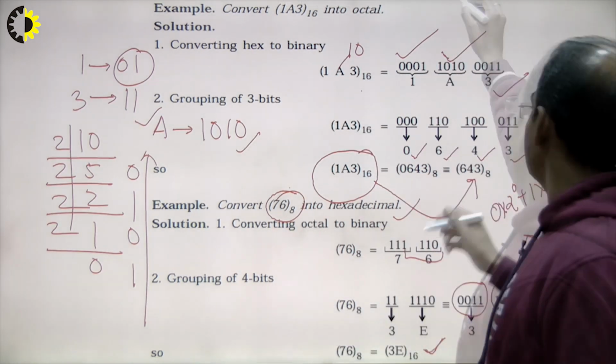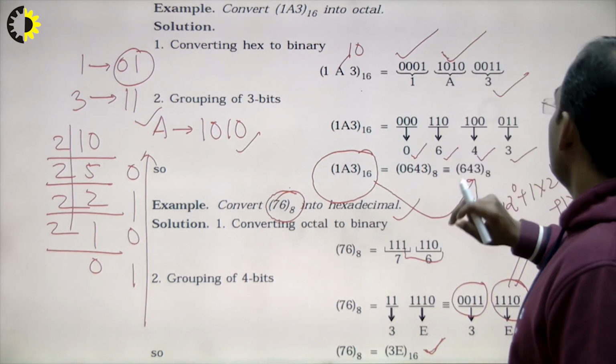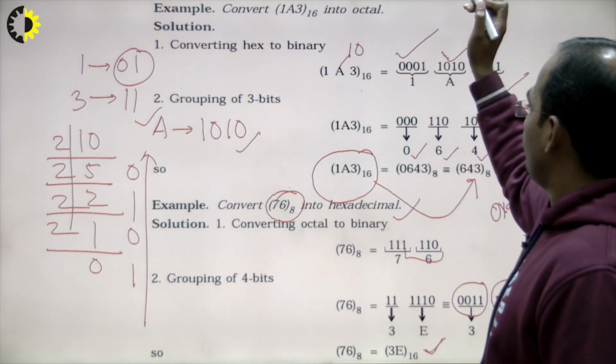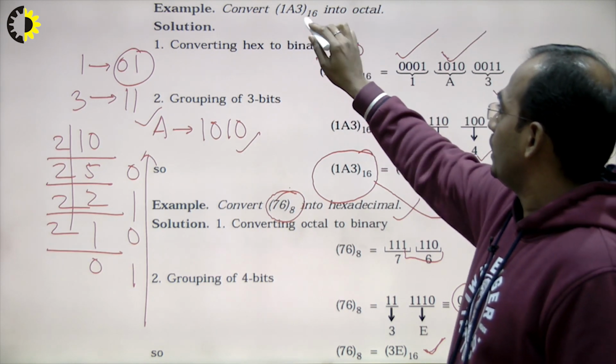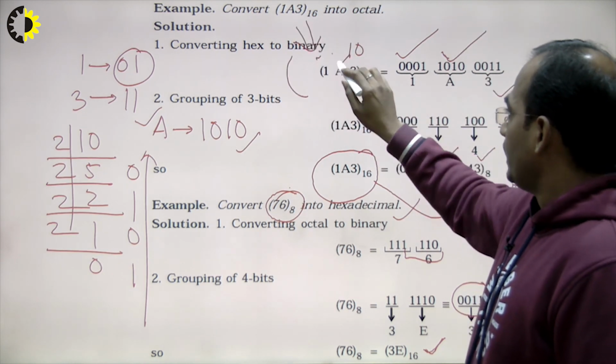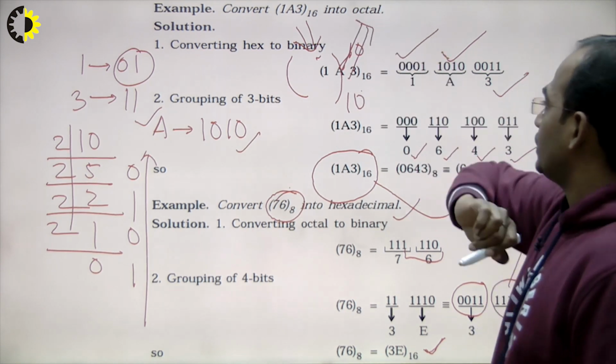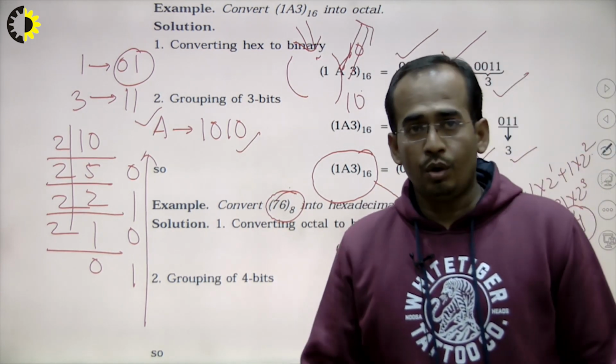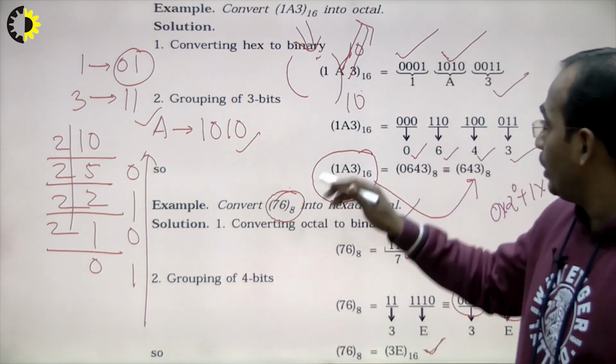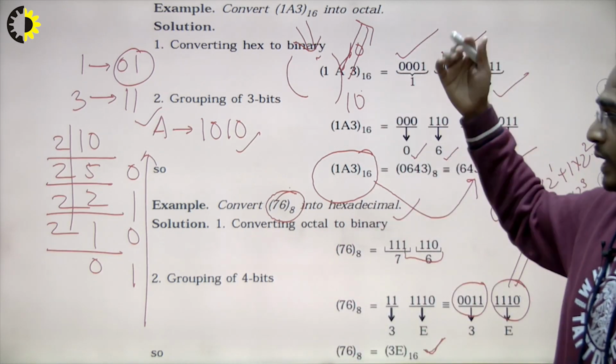Suppose I want to convert base 16 into the octal number system, then I can convert this into base 10, and after converting into base 10, I can convert this into the octal number system.